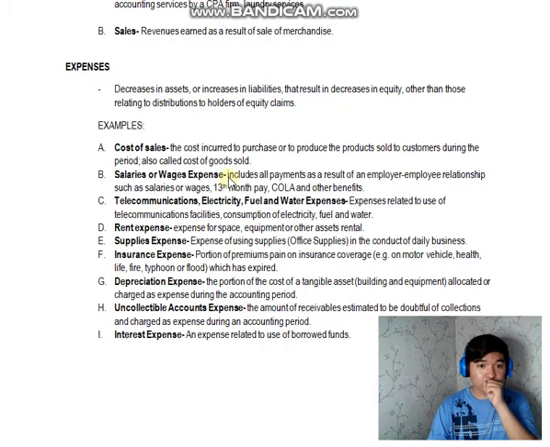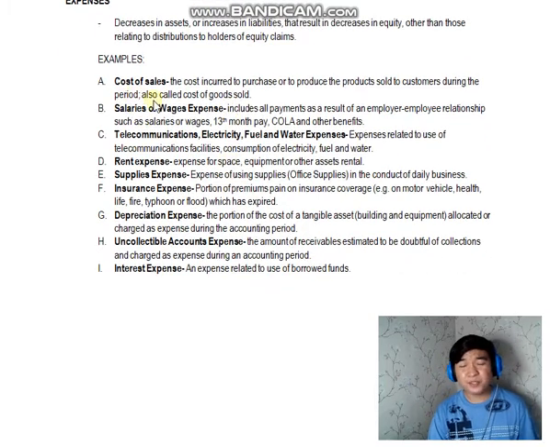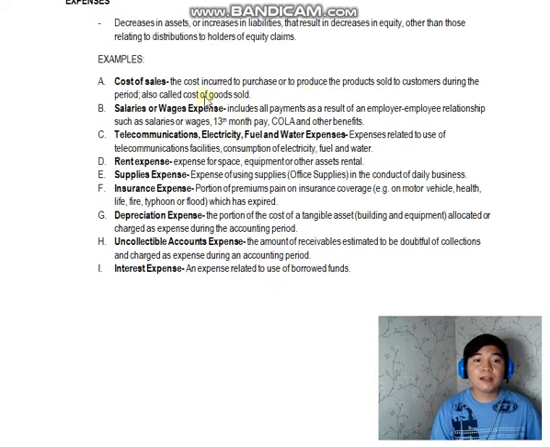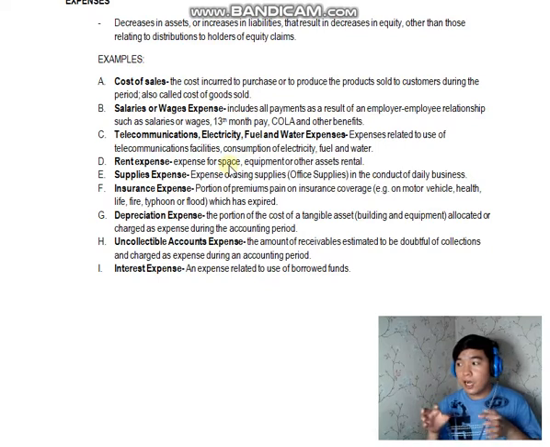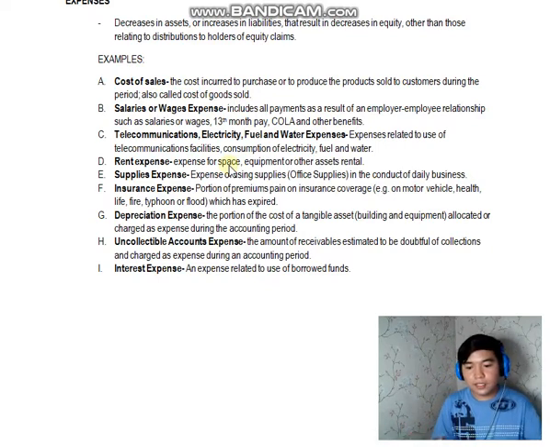Okay? Examples. Cost of sales. The cost incurred to purchase or to produce the product sold to customer during the period, also called cost of goods sold. So, pag cost of sales naman, other term niyan is cost of goods sold. Ito yung cost nung binenta mong product. So, let's say, kunyari, nagbibenta ka ng mga parts ng computer, keyboard, okay?